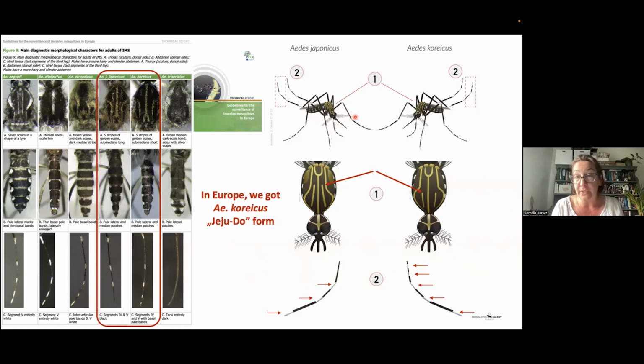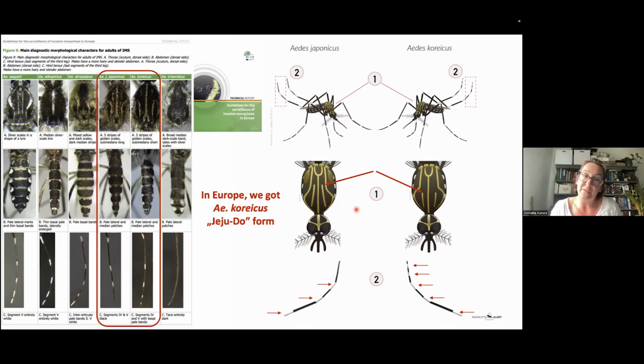So there are only tiny differences between japonicus and koreicus. The first difference is visible on the thorax, where they have 5 stripes or lines with golden coloration, and behind the middle line, we can see that in japonicus these submedian lines are longer compared to koreicus.